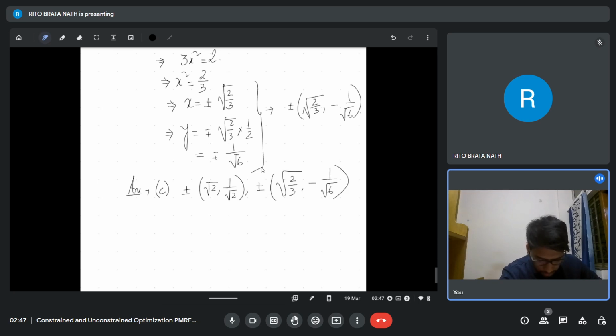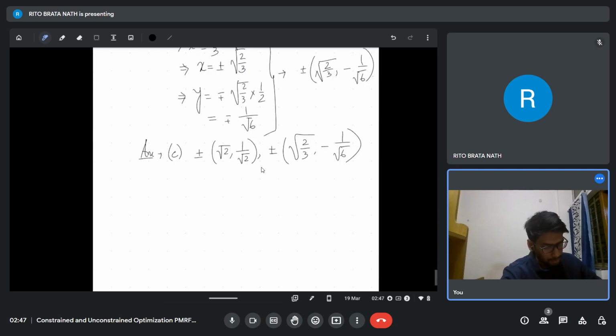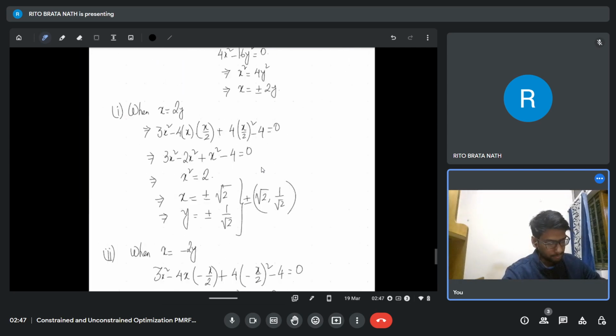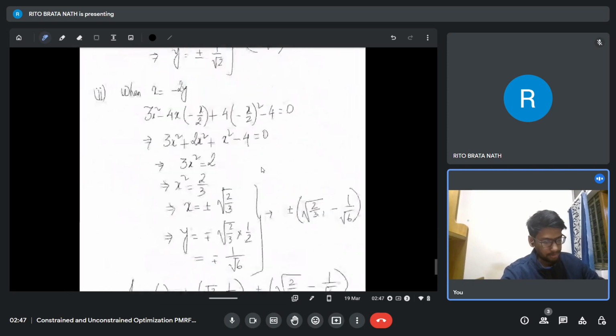So these are the stationary points. Okay, so that was all about the ninth problem. Now I'll go into solving the 10th problem. So that's the last one in this assignment.